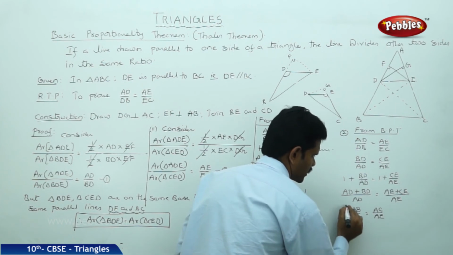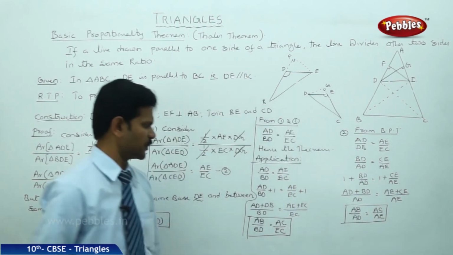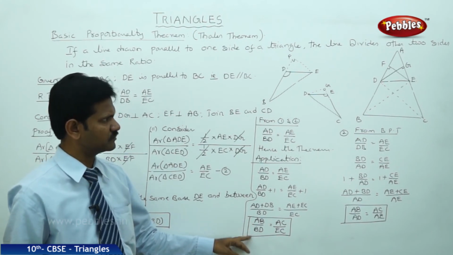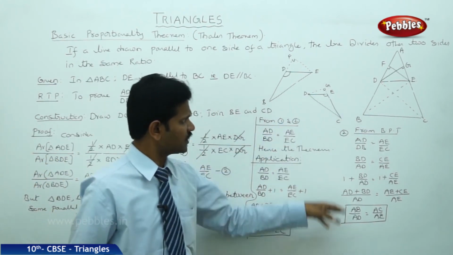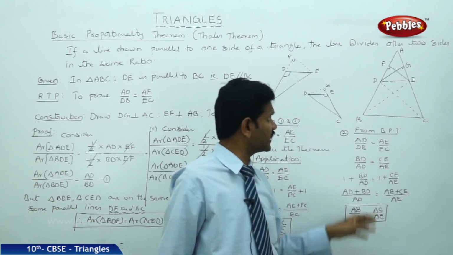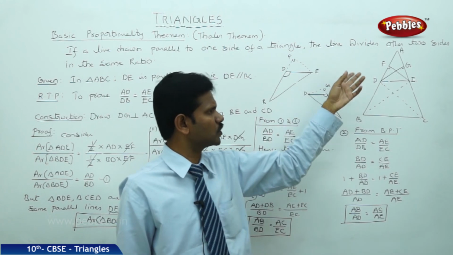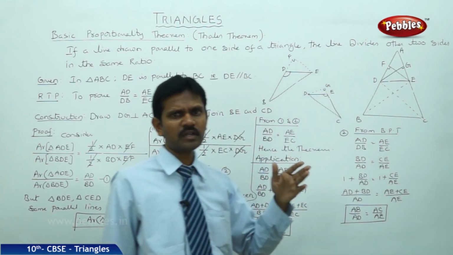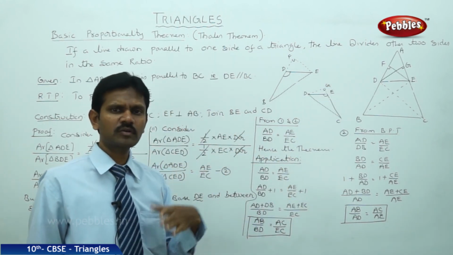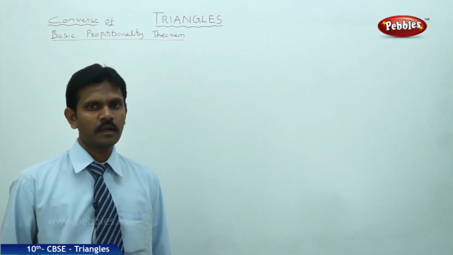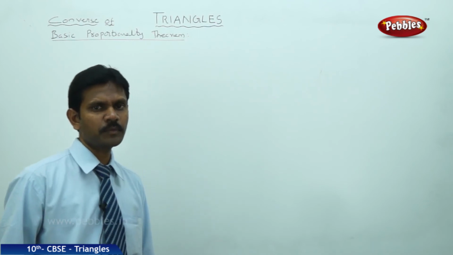This is the second application. Application 1 is total by the first part BD, and here it is AB by AD, the upper part. That means whether you consider total by part or part by total, the BPT theorem will be true. Let us see the next theorem.